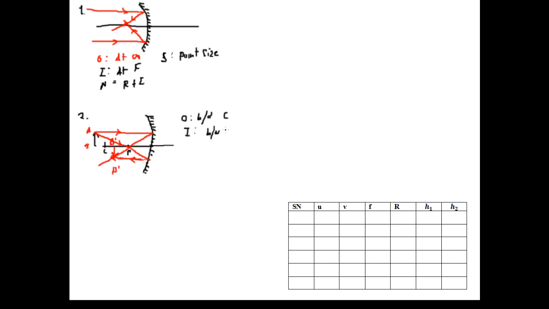Let's come to the next one. Third one. This is quite an easy one. This is the object. So any parallel ray, after reflection, should pass through the focus, right? And again the ray going through the focus is rendered parallel. So the image will be somewhere here only. Although they are intersecting here, it will be somewhere here.